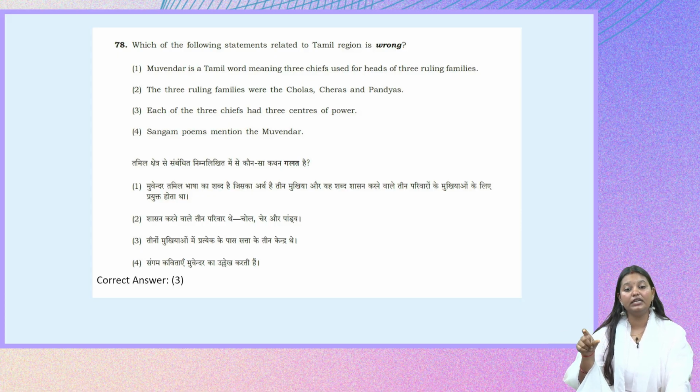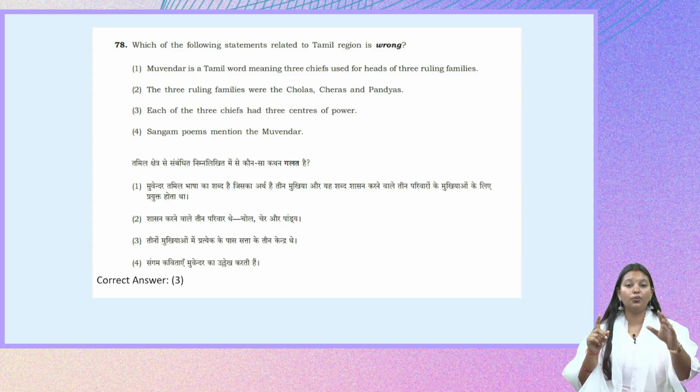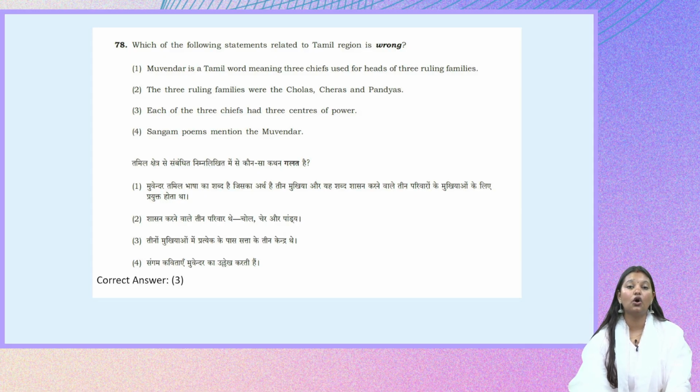Each of these three chiefs did not have three centers of power. There were three ruling families, but the centers of power were not three. So we had to identify the wrong statement. So the correct answer here is option 3. Moving on to the next question.